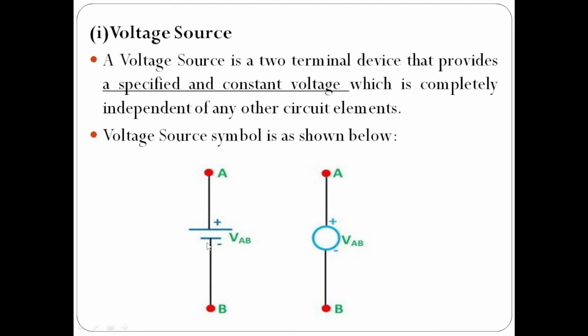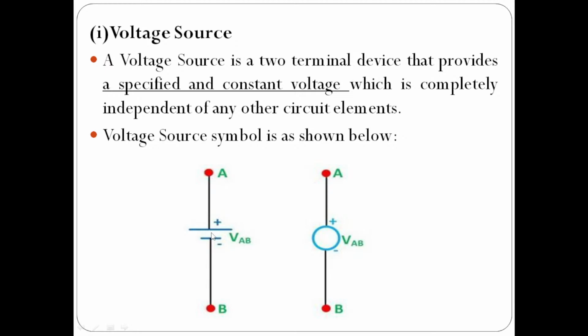You can even represent the voltage source by a circle with plus and minus at either end of that circle, and you can write V beside the positive and negative terminals, or beside the circle. This represents the voltage source symbol.